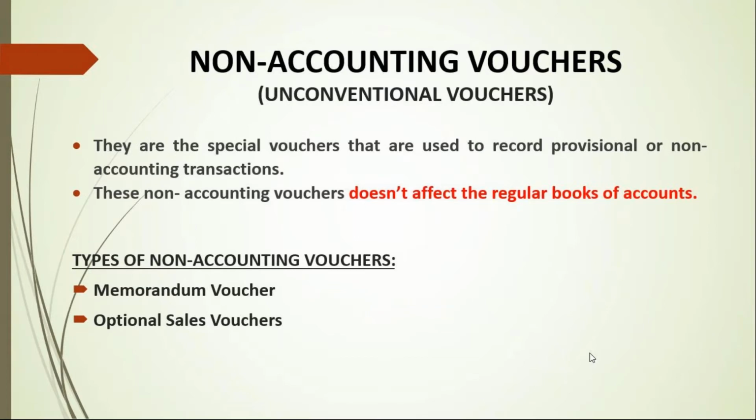I have to record the entries, but simultaneously, there should not be any impact. Later on, of course, these entries have to be regularized. They can be brought back into the books of accounts, and once they're brought back into the books of accounts, they will immediately have an impact on the company's financial statements.